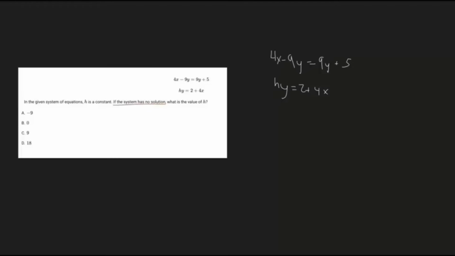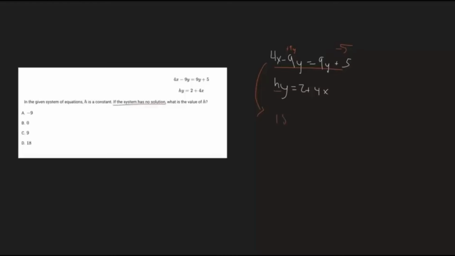So in order to find the corresponding value for the constant h, what we need to do is first put these equations into slope-intercept form. So for the top one right here, we can add 9y to both sides, and then subtract 5 from both sides, just so we can isolate y.